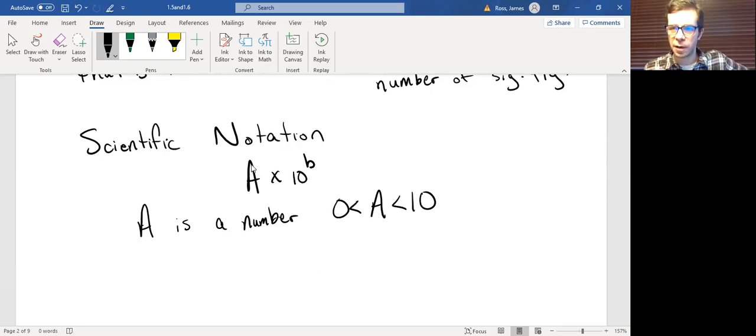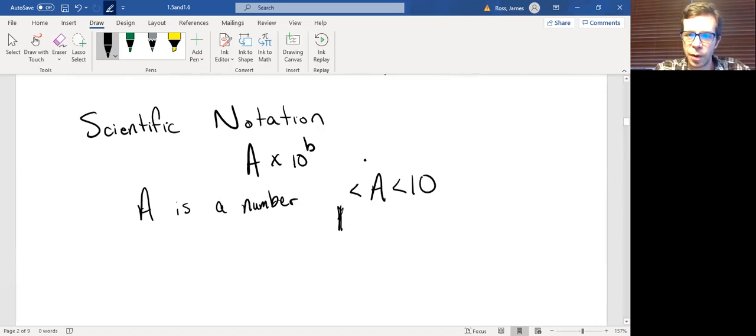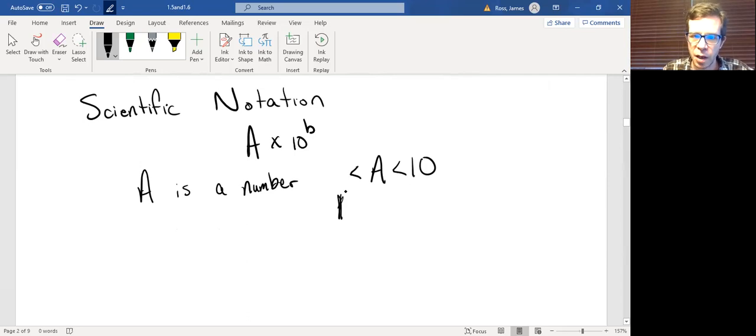Strictly greater than, strictly less than. So that means I can't write 0.1 as A. Actually, that works for that. It's strictly between 1 and 10, sorry. That's why you have to think about it, right? It's strictly between 1 and 10. And we'll do some examples so that makes sense. B here is the order of magnitude.